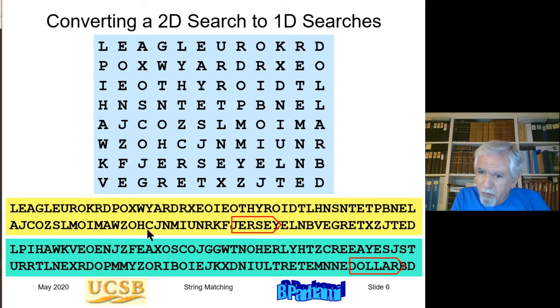So these two one-dimensional puzzles, if I look for words in them, according to the clues, then I can find all the horizontal words, either going forward in this version or backwards in this version. And all the vertical words, for example, dollar here, is shown here.